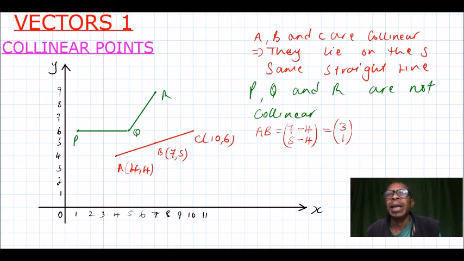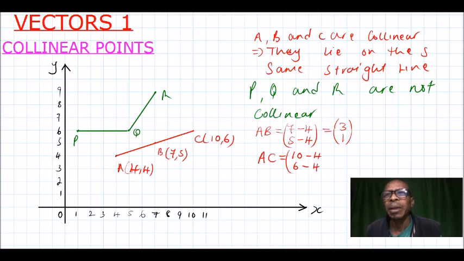Now again, we can get the column vector AC, using A and C. So it is 10 minus 4 and 6 minus 4.